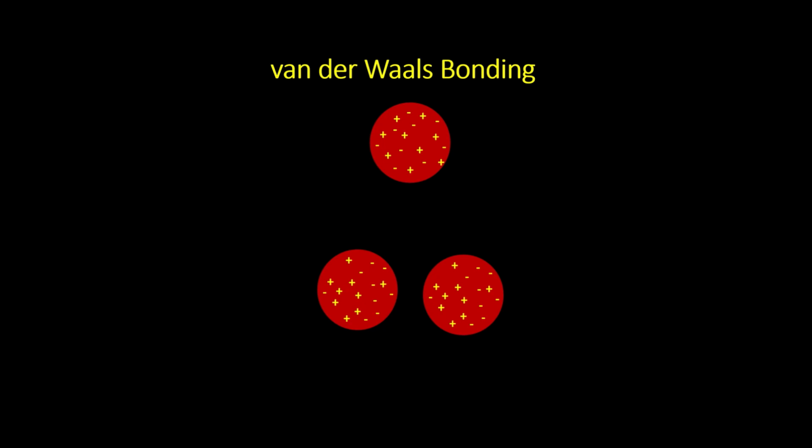As a result, electrical attraction holds them together. So, like hydrogen bonds, van der Waals bonds also rely on dipoles. That is a difference in charge between two molecules. But unlike hydrogen bonds, the van der Waals dipole is usually not permanent in nature, but it's transient.